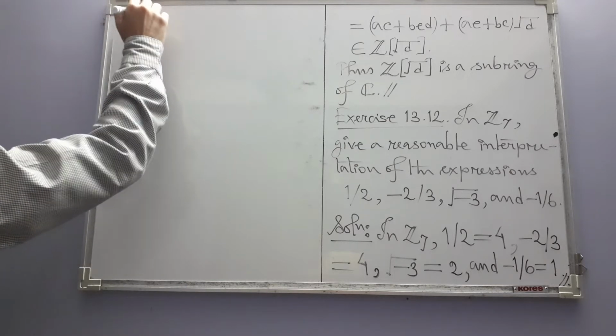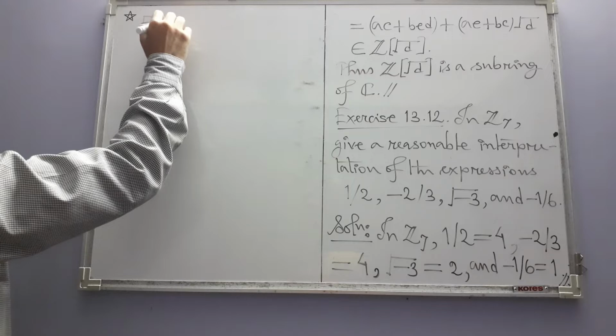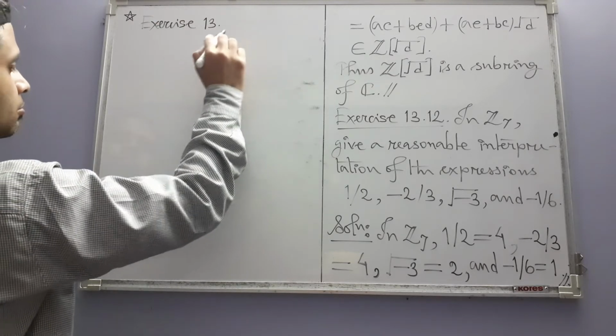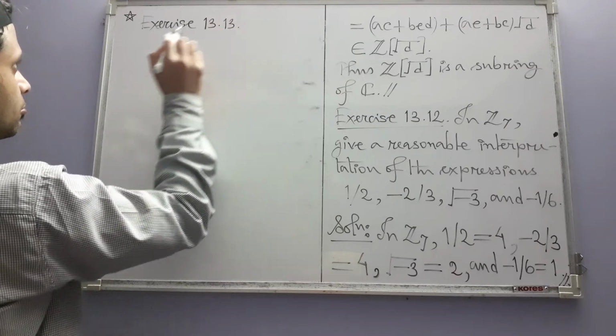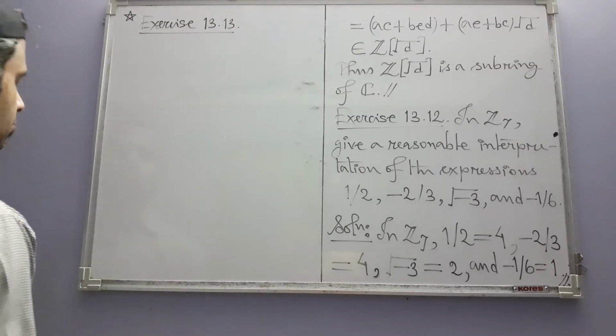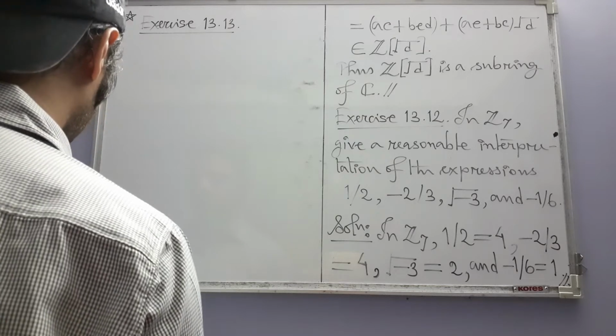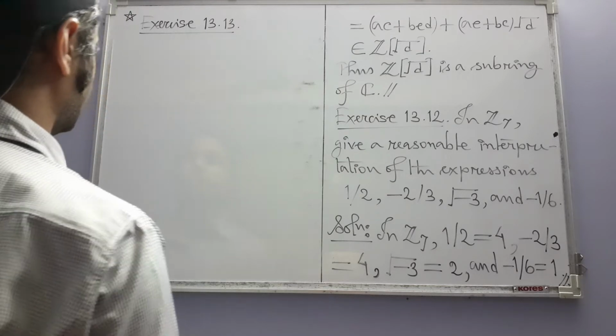Next, give an example of a commutative ring without zero divisors, which is not an integral domain.